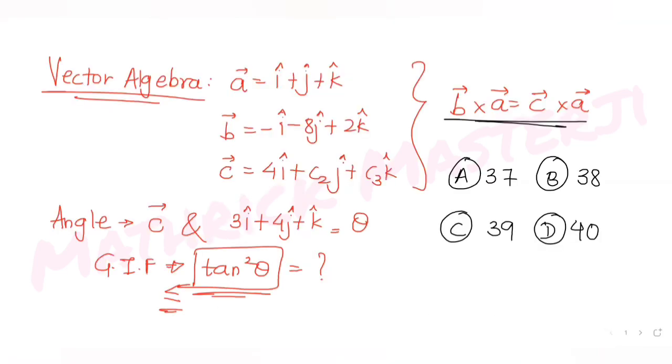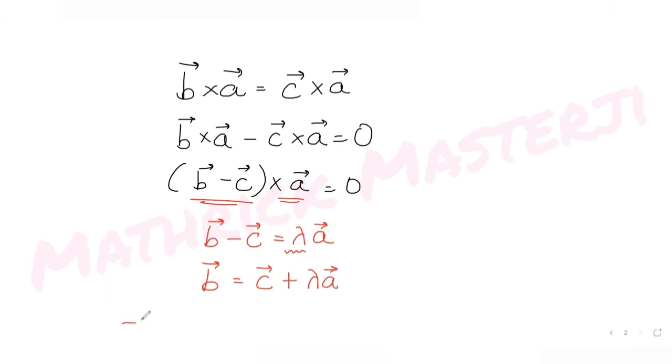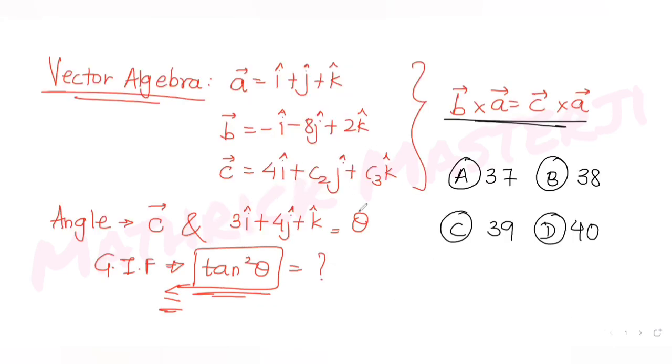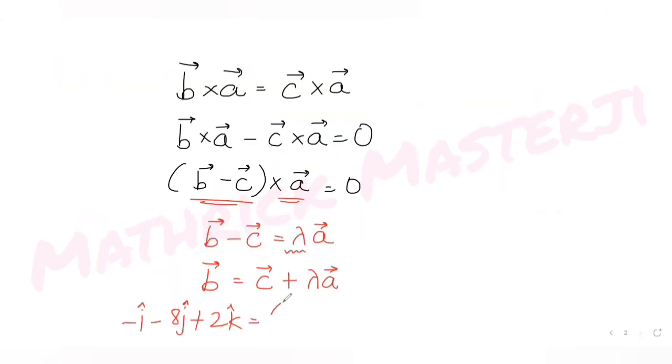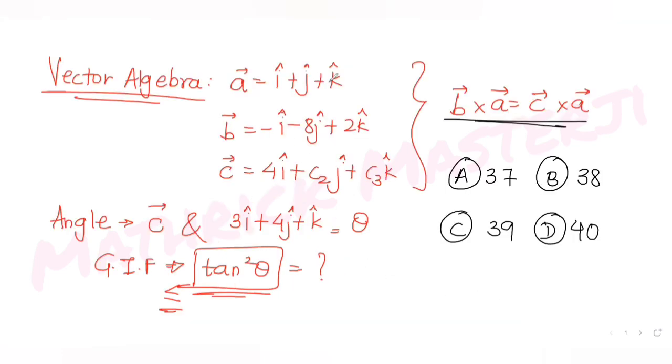So the B vector I have been given here is -i-8j+2k, which is equal to vector C, which is 4i+c2j+c3k, plus lambda times vector A, which is i+j+k.